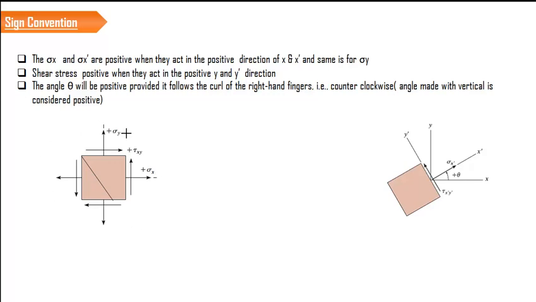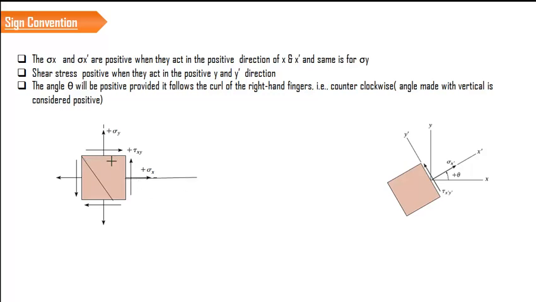The sign convention that we are going to use for this stress transformation is as follows. The normal stresses acting in the positive directions are considered positive. That means if you have a stress in the positive x direction, that is considered positive.